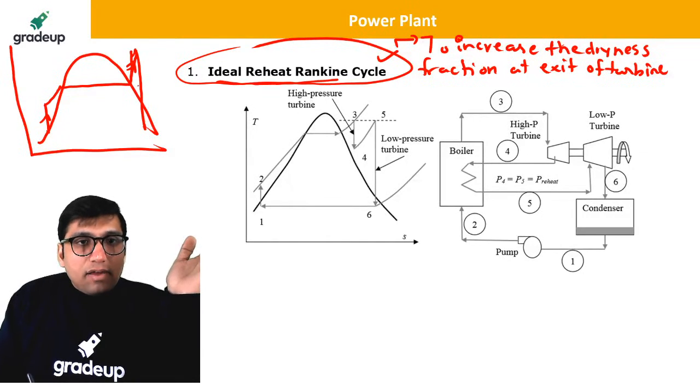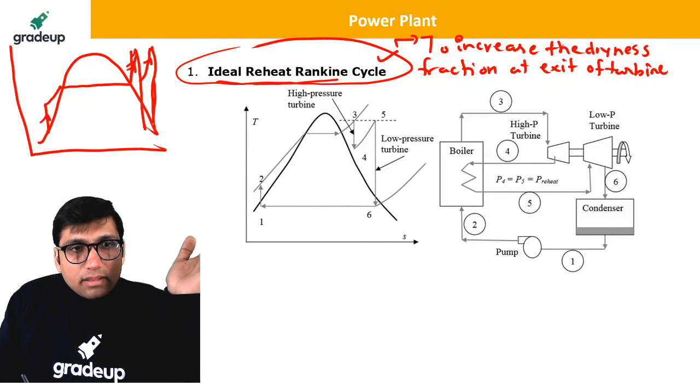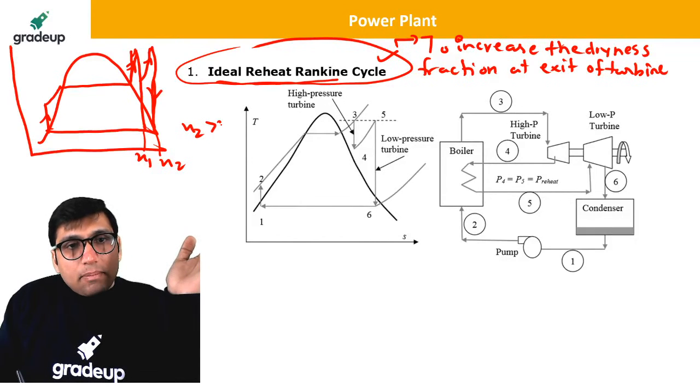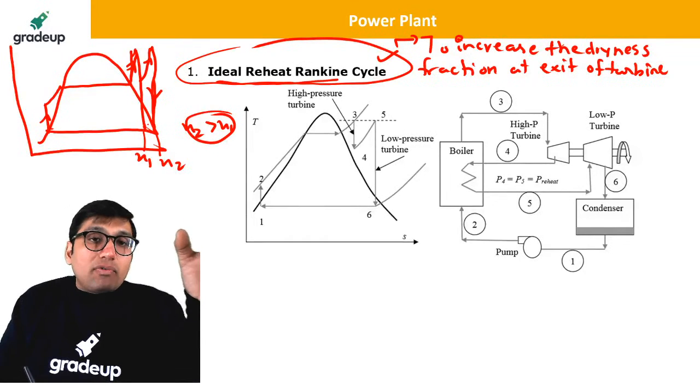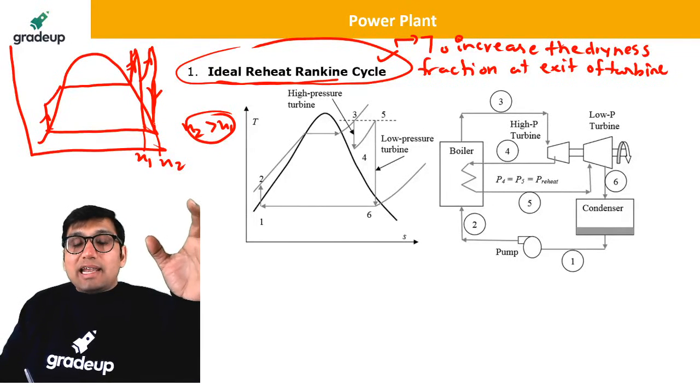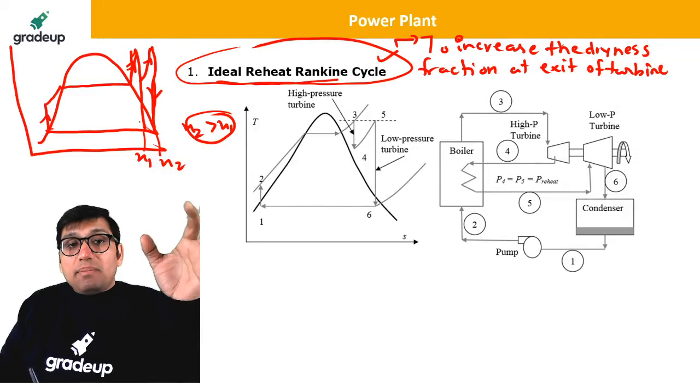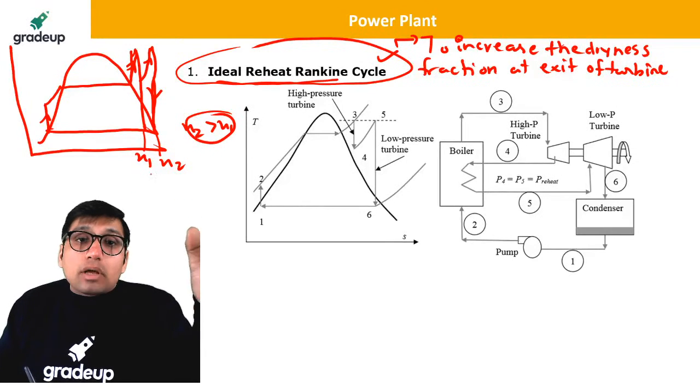And there is another case if I do the reheating and then the expansion, then it will happen like this. If you compare the dryness fraction in this particular case, the dryness fraction at point 2 is greater than at point 1. So if you don't do the reheating, the quality of the steam decreases, and because of that the blade of the turbine can get corroded.